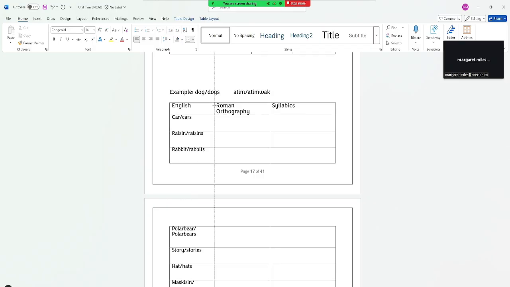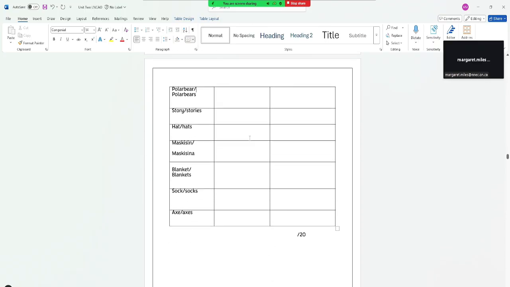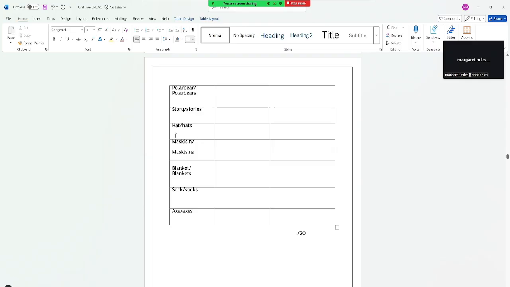Wapask, wapaskwak. Astutin, astutina. Maskison, maskisina.